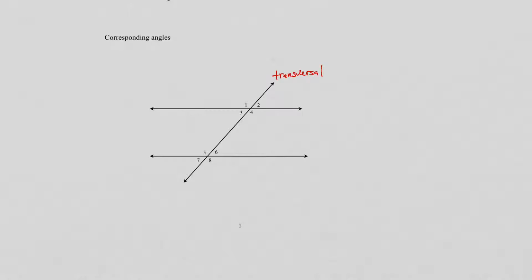It's basically a line that's going to intersect the parallel lines, okay? So now we can see that we have a scenario of two groups, one up here, another group down here of angles. So now let's talk about the definitions of some of these angles.